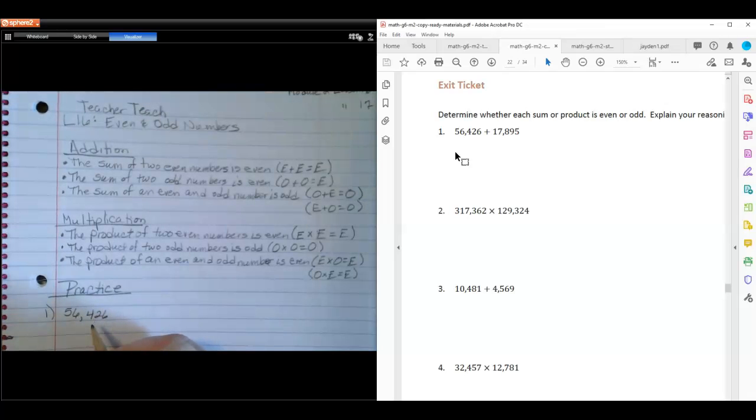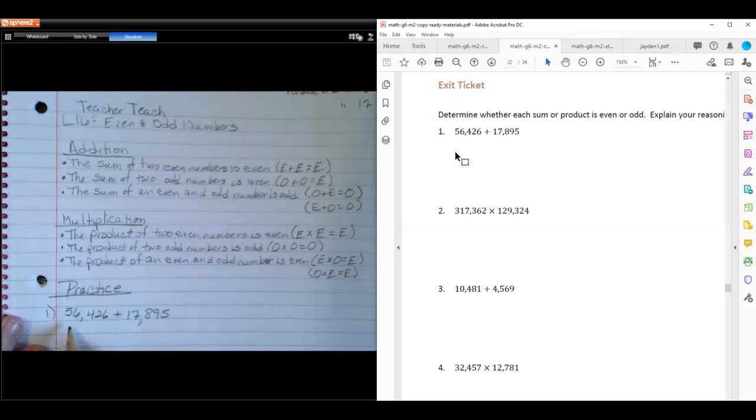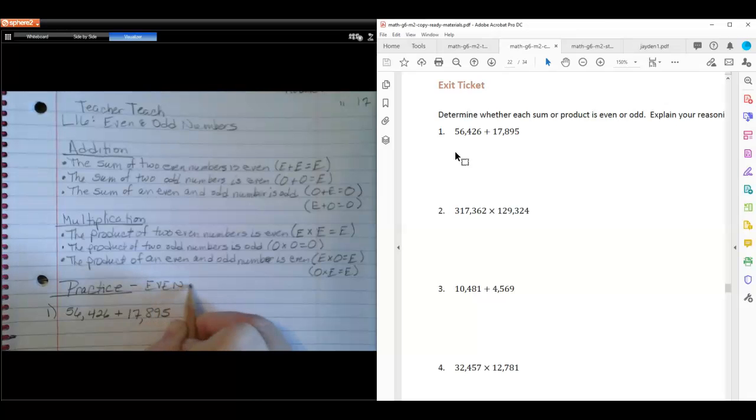56,426 plus 17,895. All right. So is it even or odd? Well, all we have to do is look at what's in the ones place. 6 is an even number, and 5 is an odd number.